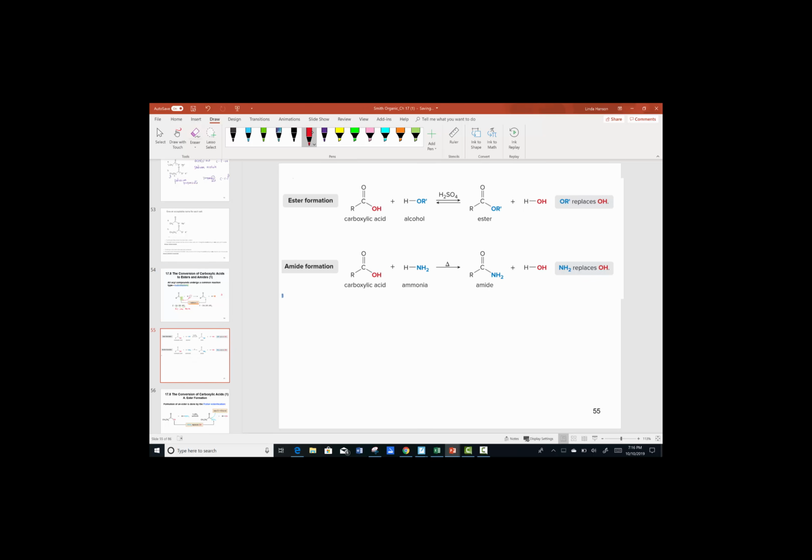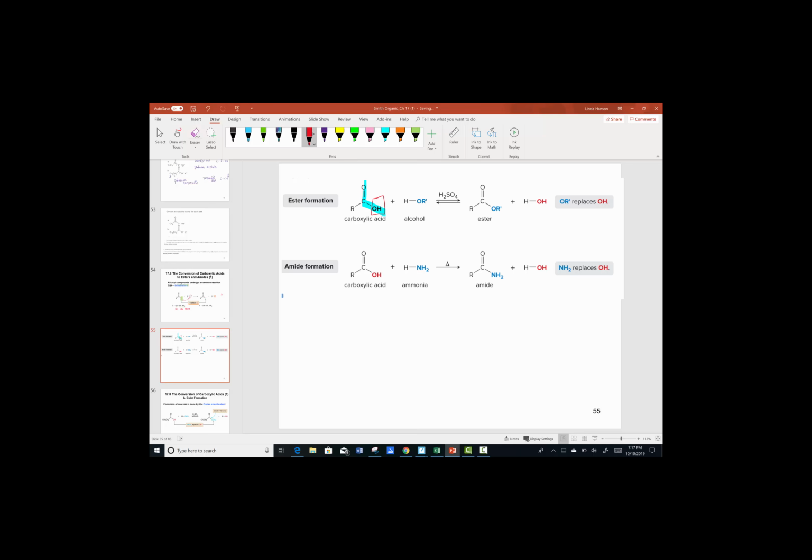Reaction 1. This is a carboxylic acid reacting with an alcohol to form an ester, and we're asked to draw this general pattern next. So our carboxylic acid, we're going to start by recognizing the COOH, but what's getting exchanged is the OH part of the functional group.